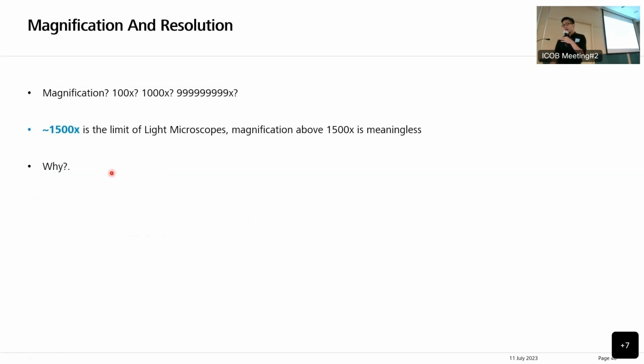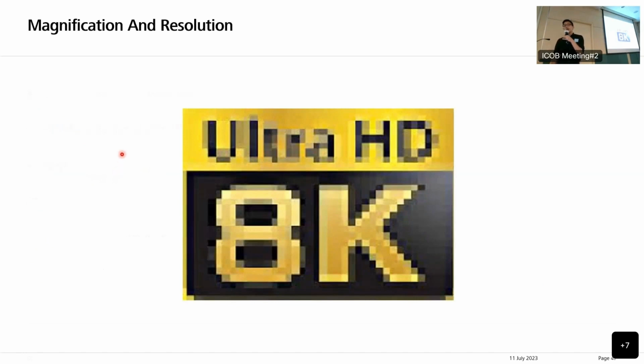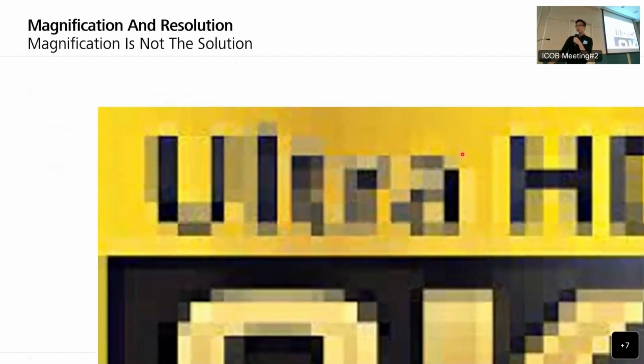So what is the limitation of the magnification? Let's look at this image. Here we claim this image is an 8K image. We assume it is an Ultra HD image, but you know this is not. So even if we zoom in and look at the image more closely, we still don't know what it means, right?